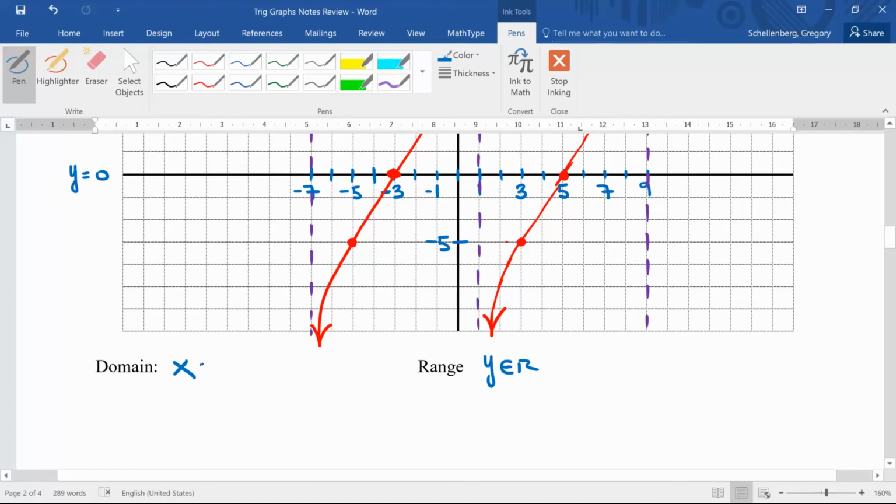So we will say that x cannot be equal to, now the first positive vertical asymptote occurs at 1, and then it's every integer multiple of the period after that. So x cannot be equal to 1 plus 8n, and we'll specify that n has to be an integer.